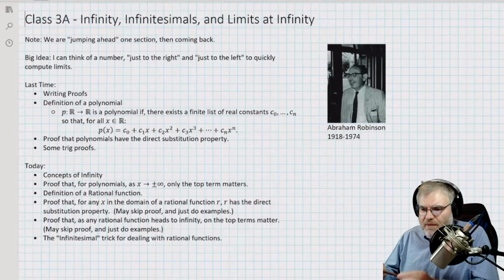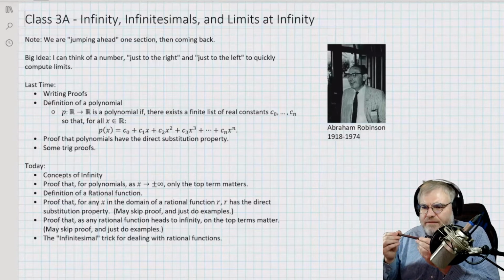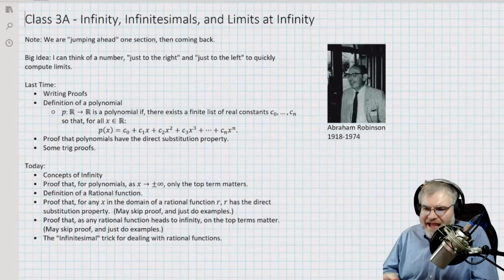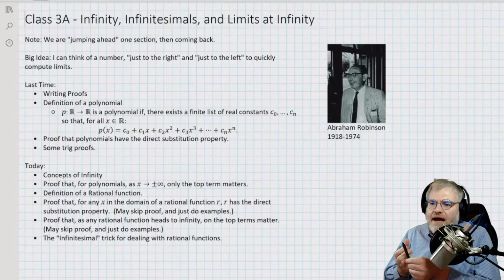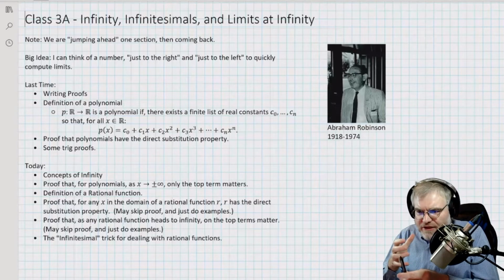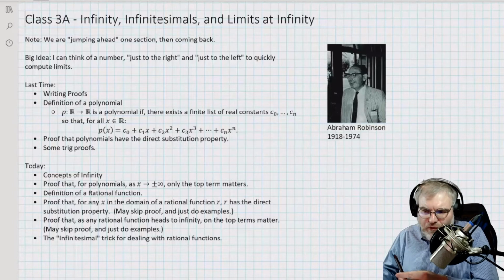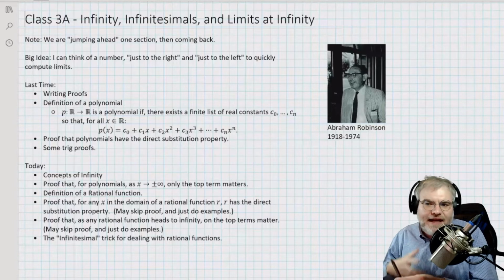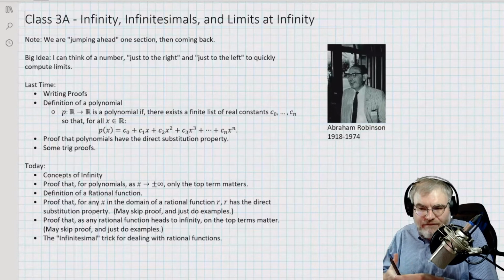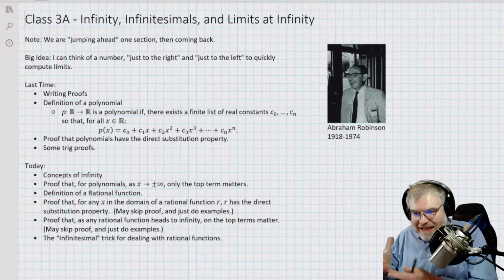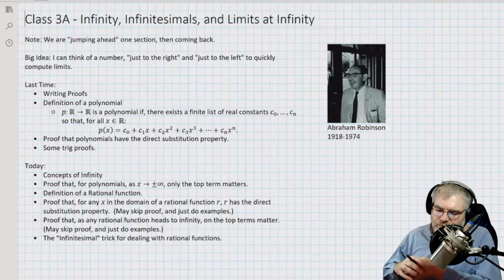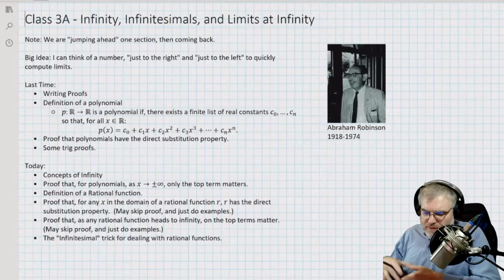But today what we want to focus on is computing limits at infinity. And there are some tricks that are very intuitive that correspond to the intuition that we want to get for doing derivatives and limits at infinity and dealing with asymptotes. So that's what we're going to do today.